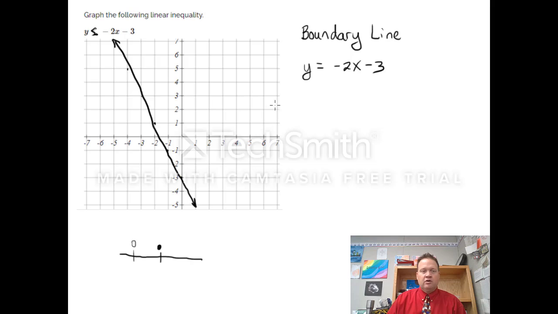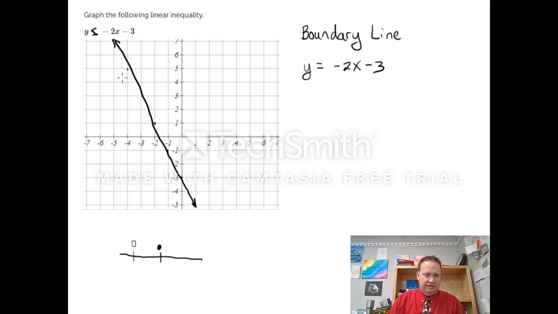And now here's where things get interesting. Now this says y is less than. So when it's less than, we've got two regions for this line. We have above and we have below. So I want you to picture if I was a ball sitting right here on the line, my ball would be on top of the line and it would be on the line the whole time. It would just roll down.